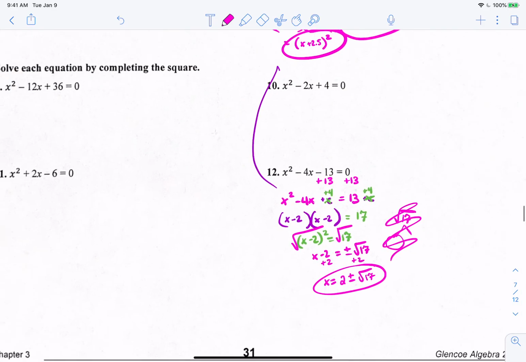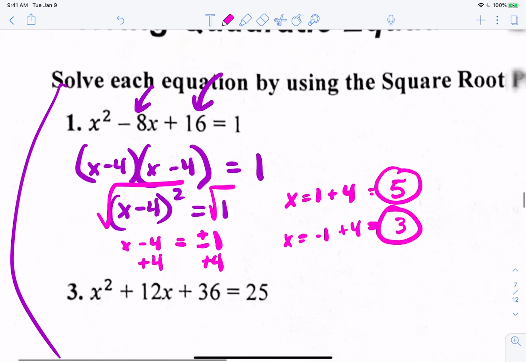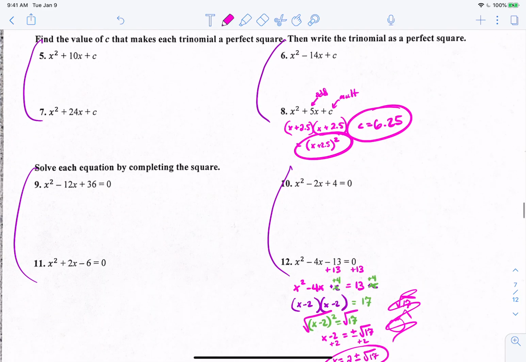I want to get rid of number 9. All in favor of 9, raise your hand. Yes, let's go. Okay, thank you, James. 9's the one, you can cross it off.